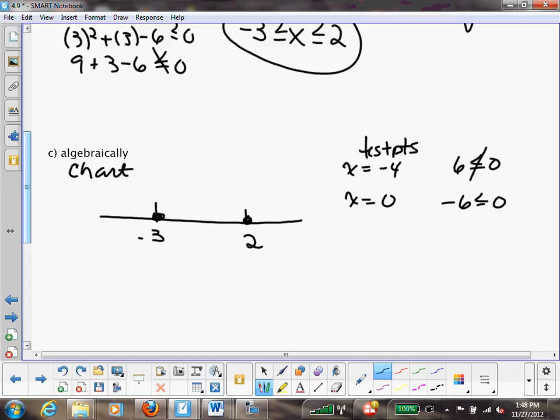So this one works. I'm in between. Okay, we tried x equal to 3. What did we get here? 6 is less than 0. That doesn't work. This one did work. I'm not doing the work over again, because we already did it up above.